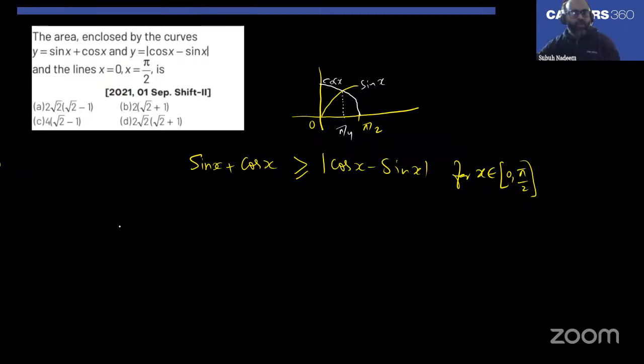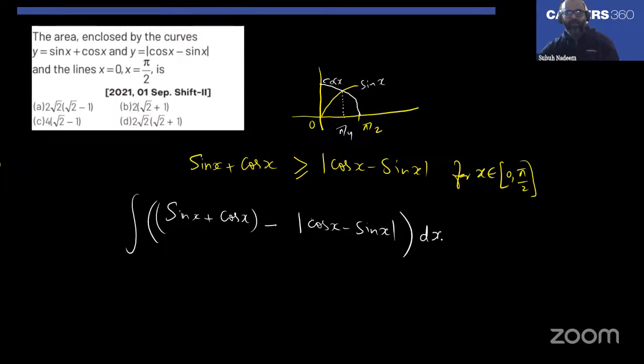If we want to integrate from 0 to pi by 2, as it is given, x equal to 0 to pi by 2, we say that sin x plus cos x is the upper curve and mod of cos x minus sin x is the lower curve. And the integral of this from 0 to pi by 2, that is what we need basically.